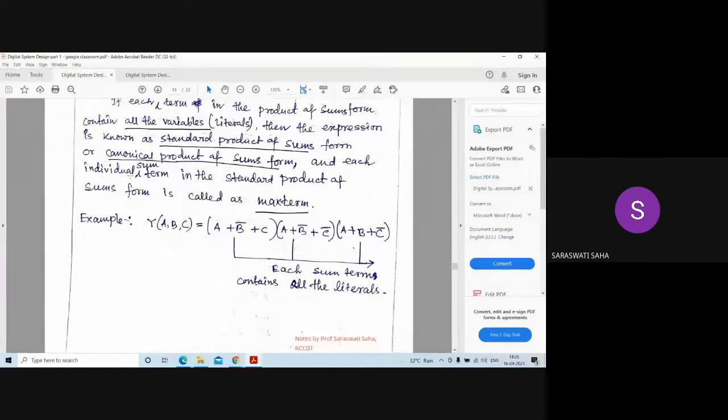Each individual sum term in the standard product of sum form is called a MaxTerm. So, MinTerm and MaxTerm. Is it clear? Yes, ma'am. So how many MaxTerms are there? The answer will be 3. This is one MaxTerm, this is another MaxTerm, this is another MaxTerm. So there are 3 MaxTerms.